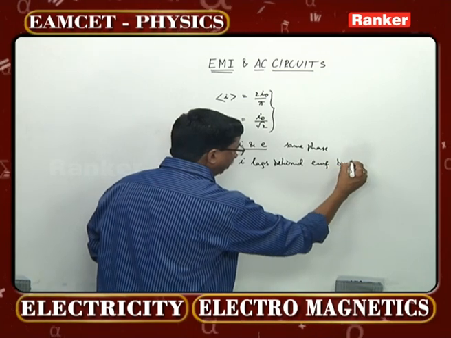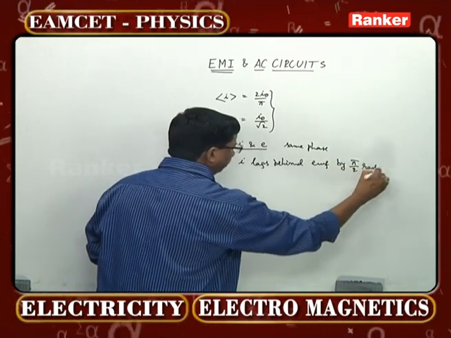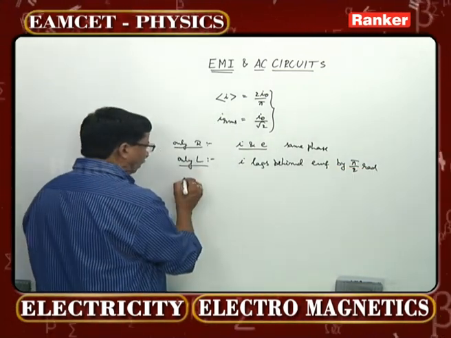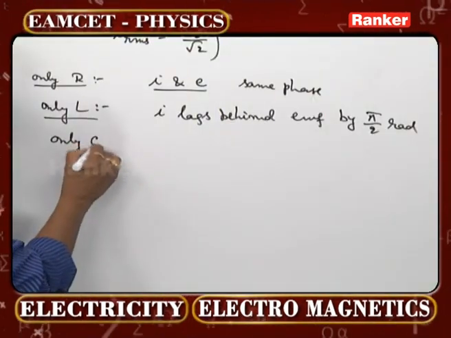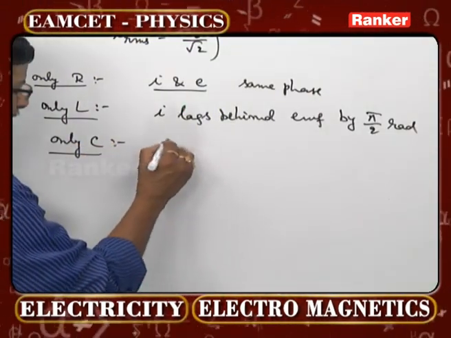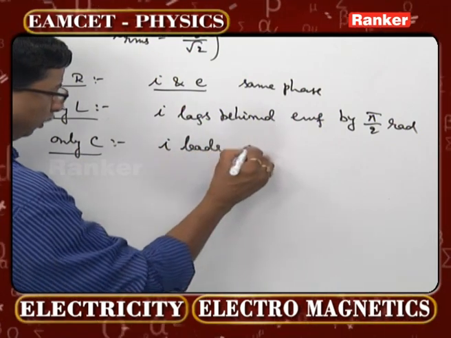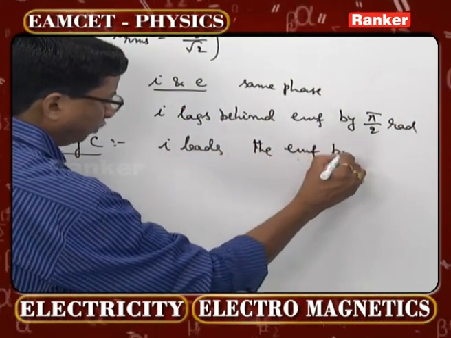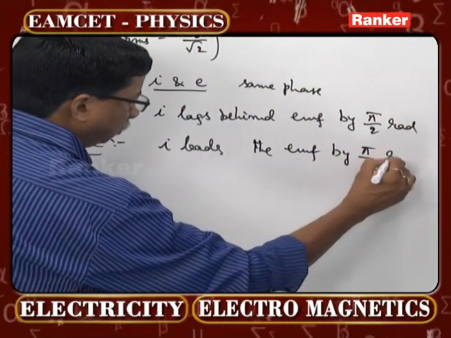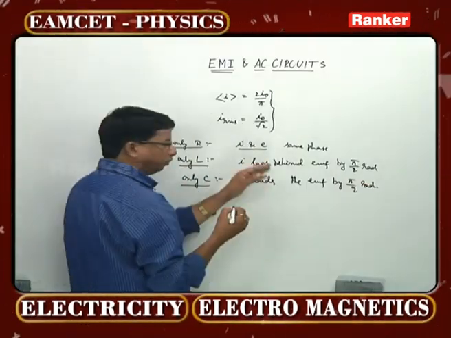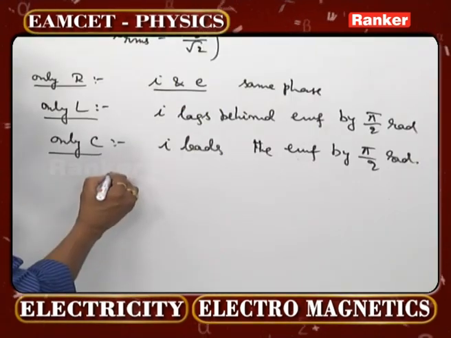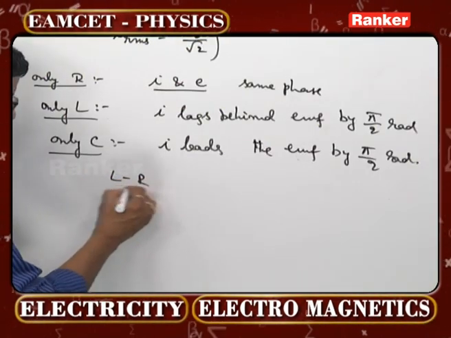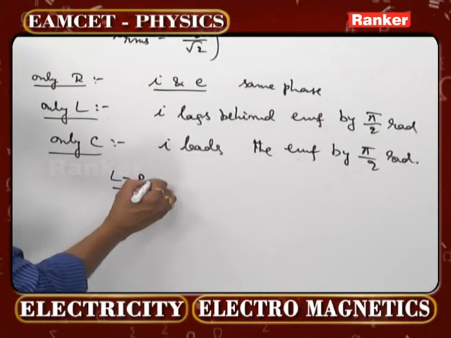By pi by 2 radian. You have to remember this. Coming to the next one, only capacitor circuit when we consider, current leads the EMF by how much again? By pi by 2 radian.